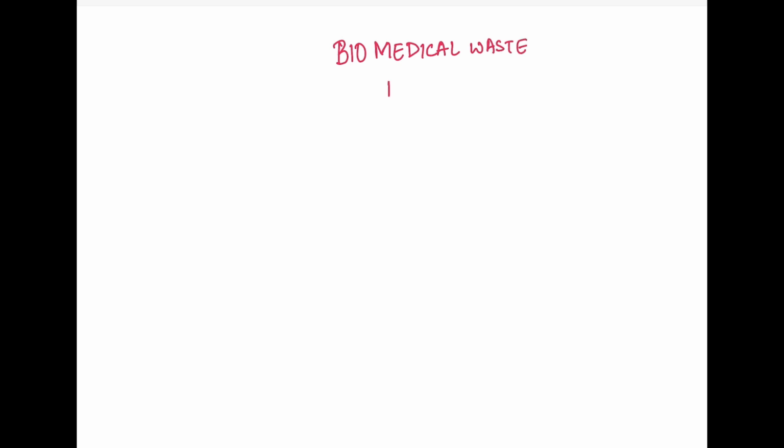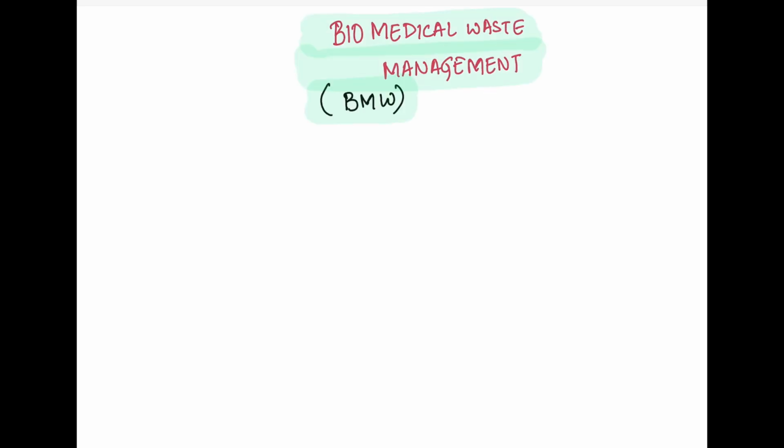Medical waste management. Biomedical waste management is very important in the clinical areas because we need to know two things: what is segregation, and what are the protocols of segregating the waste.